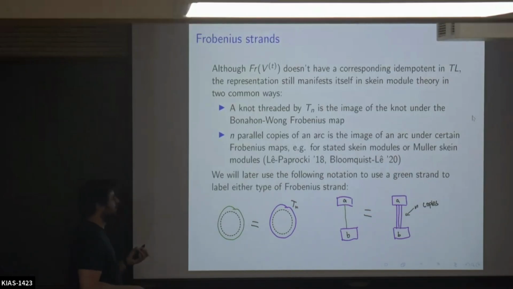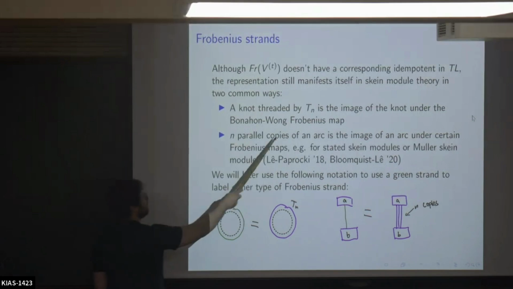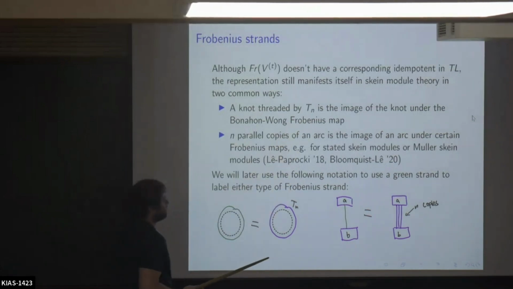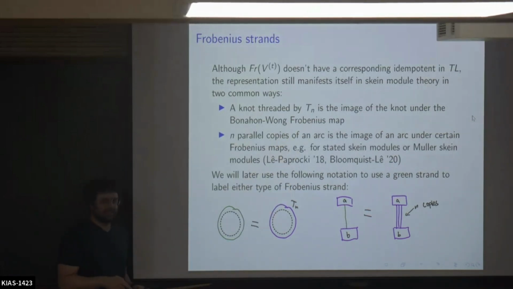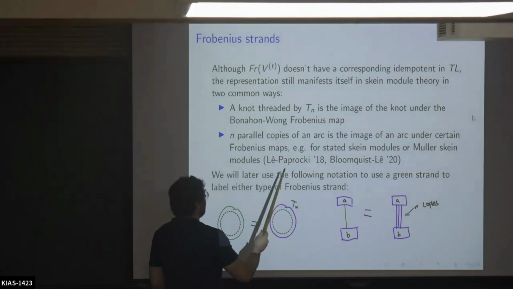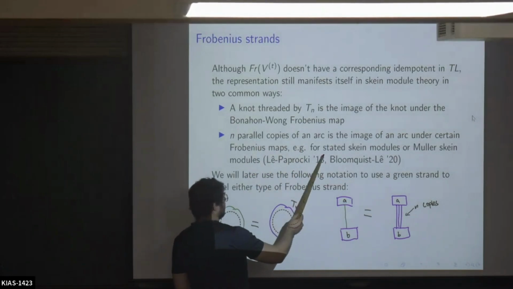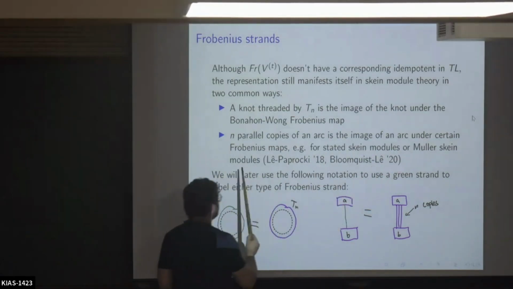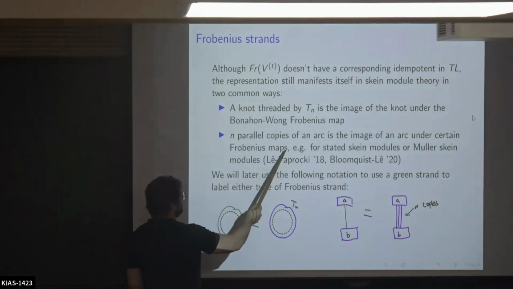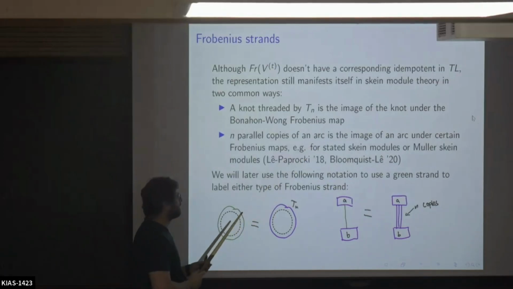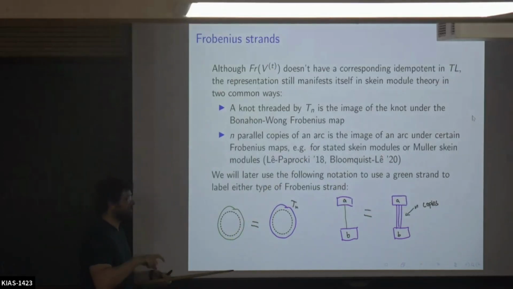One of the ways we've already talked about is that if you have a knot threaded by the Chebyshev polynomial, we want to think of that as a Frobenius element, that somehow that came from the Frobenius functor. And then there's another situation in the case of stated skein modules or moduli skein modules, where if you have an arc, you can apply the Frobenius homomorphism to the arc, and you just get the nth power of that arc.